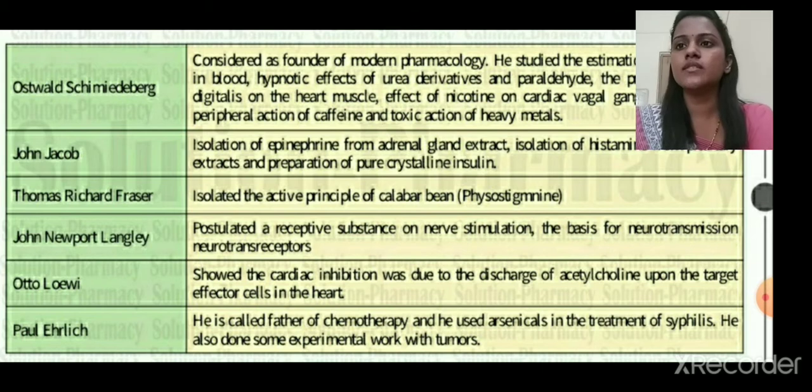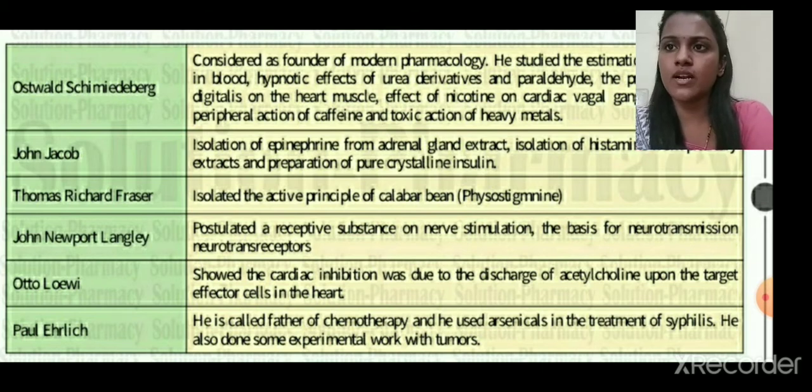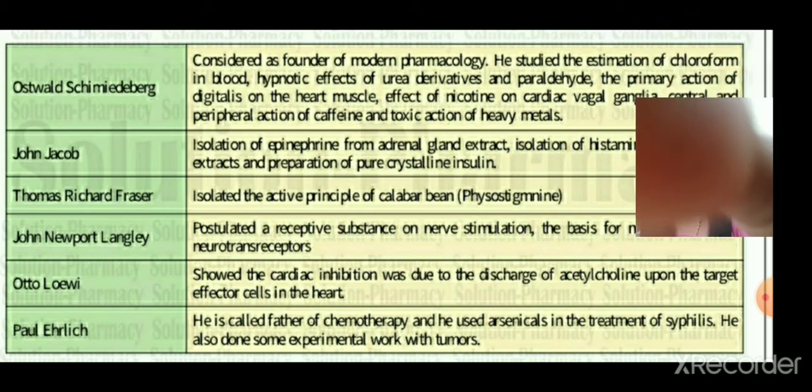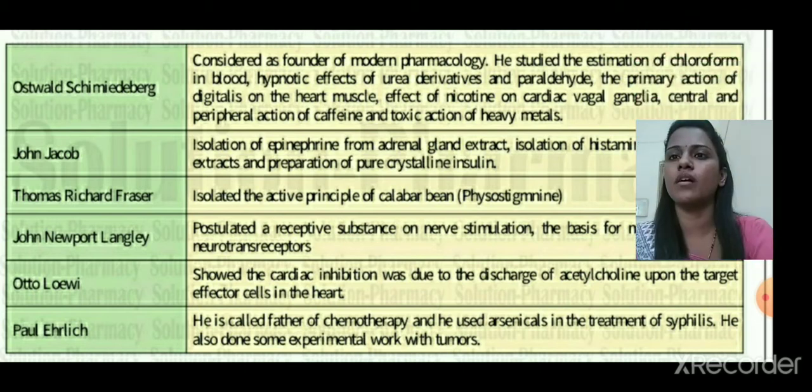Now we had seen previously the scientist Oswald. He is also called the father of modern pharmacology. He studied the estimation of chloroform in blood, the hypnotic effect of the urea derivative paraldehyde, and the primary action of digitalis on the heart muscle. This is a very important action.